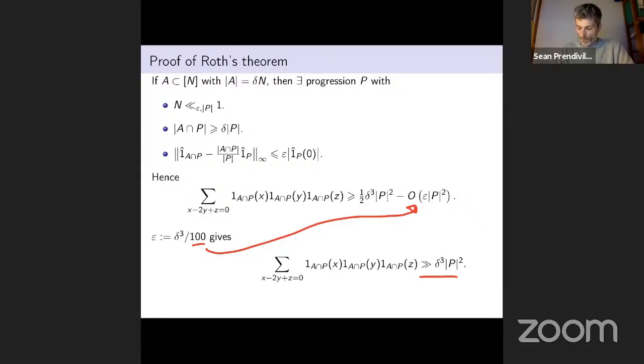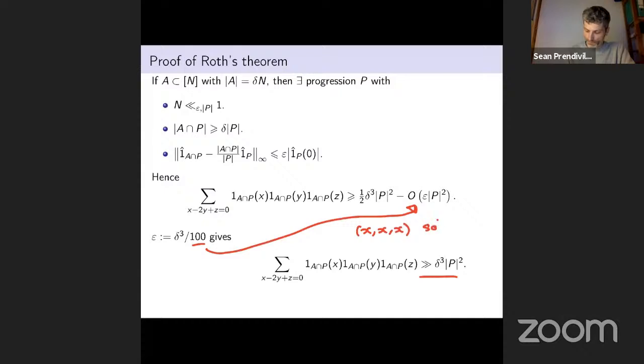Okay, so we're done. We've generated a ton of three-term progressions in our set A. Or have we? The problem is, you can generate quite a lot of three-term progressions for very uninteresting reasons. For instance, x, x, x solves the equation.